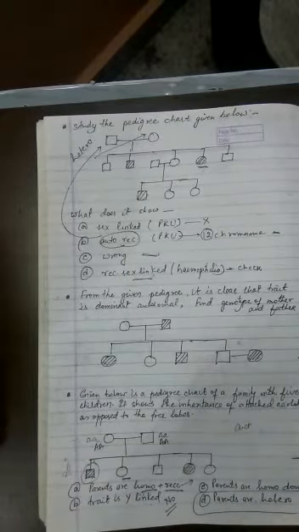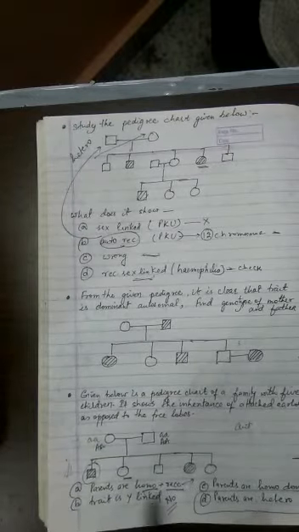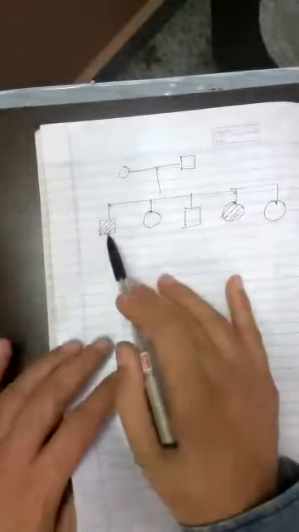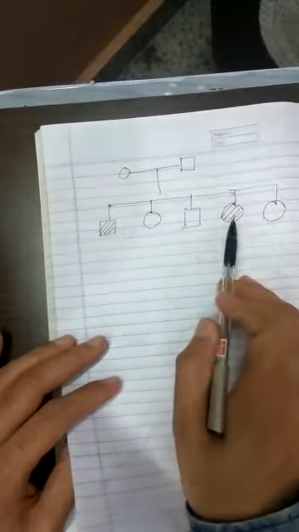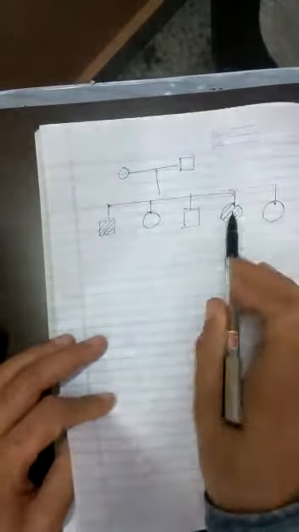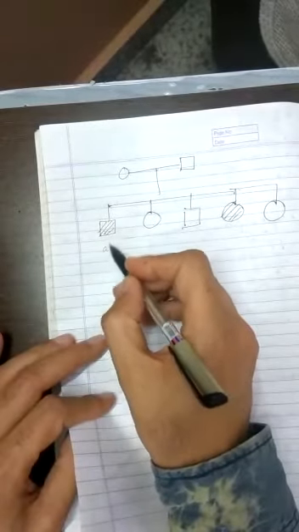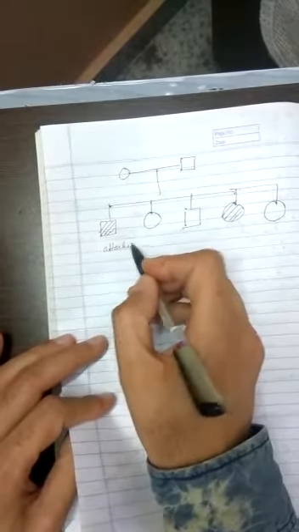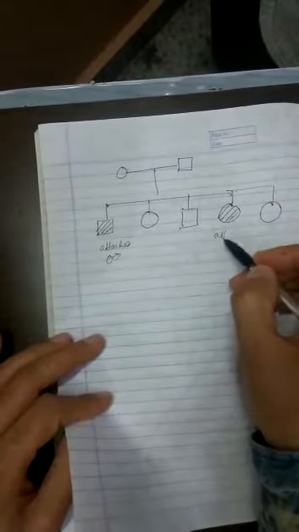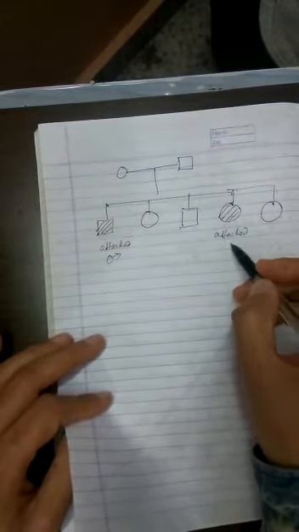So first of all, if you see this whole pedigree, let's see if it is a Y-linked type of character. First of all, you can see here male and female both are affected. There is one individual with attached earlobe and this is a male, and there is another individual, this also has attached earlobe, and this person is a female.